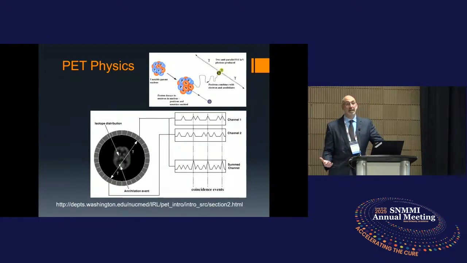So after you get, and this is another fancy physics diagram, so don't be intimidated by it, there's not a test afterwards, the technologist will inject you with this radio tracer, as we call them, and the radio tracer is going to distribute in the body and kind of settle in a location. And once it settles, once it binds there, it's got a positron. We call it positron emission tomography.